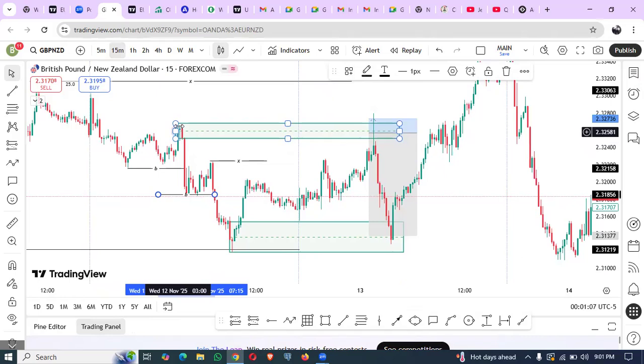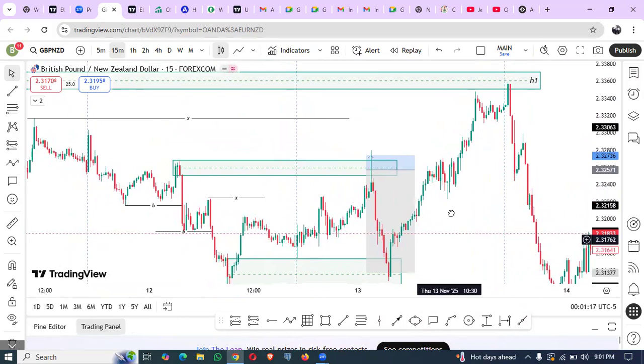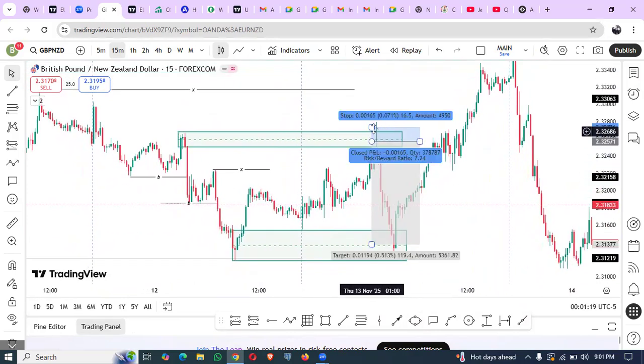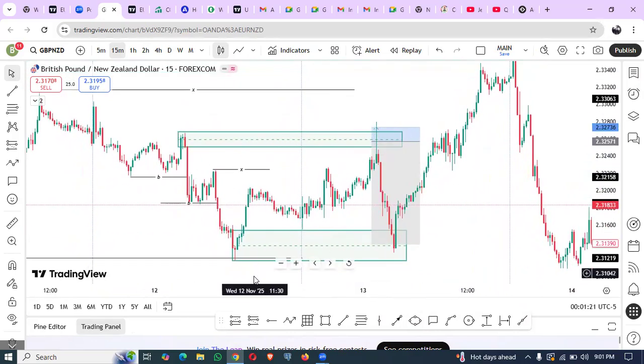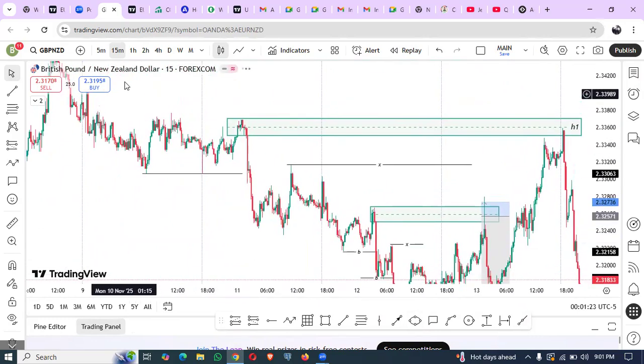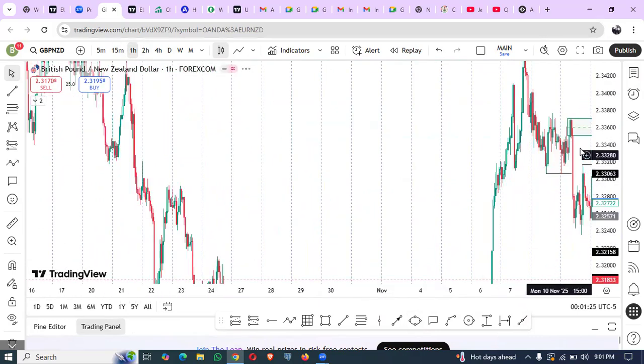Once you've seen these two, make sure this leg is impulsive. Then the last buy candle before the sell, mark it as your point of entry and boom, that's it. So I lost here because my SL was a little tight. That was just it. You can see the extreme delivered and respected price properly.